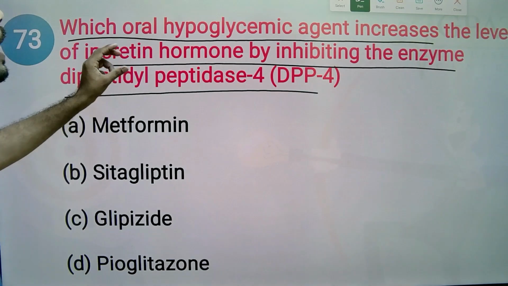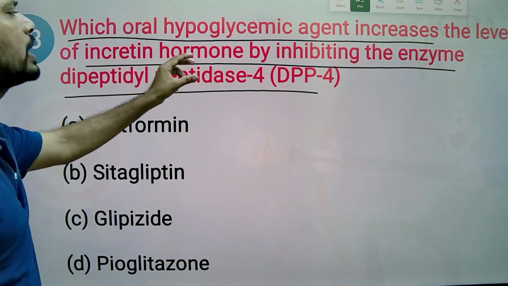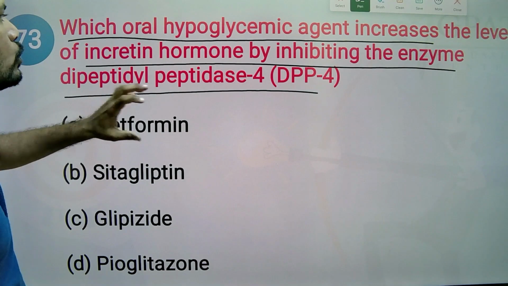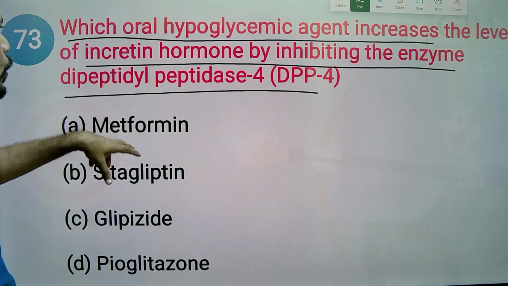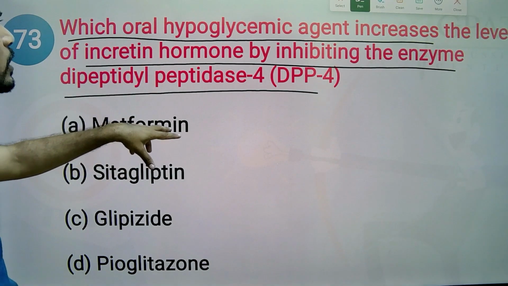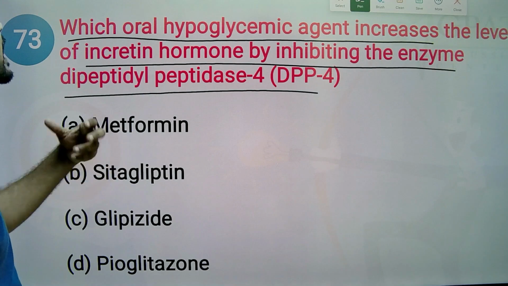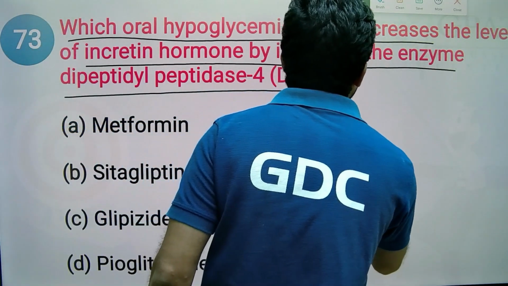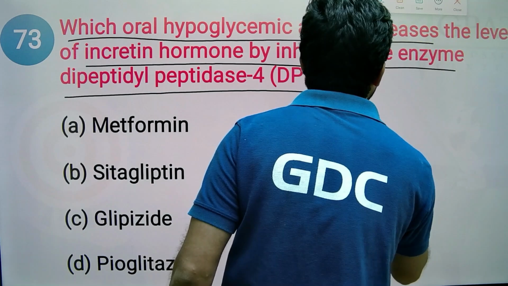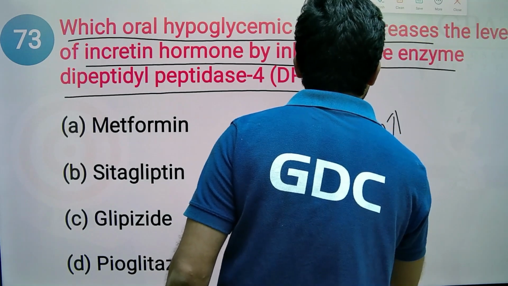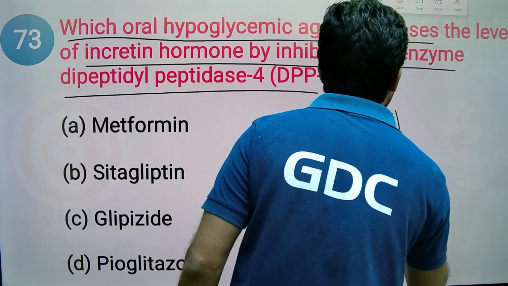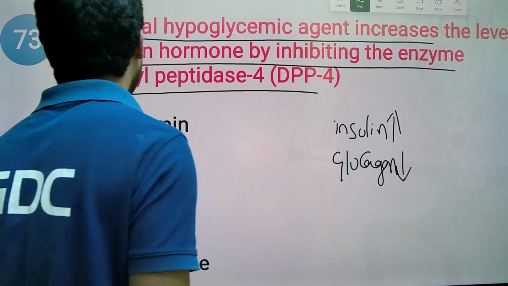Oral hypoglycemics are used in type 2 diabetes. Incretins increase insulin release and decrease glucagon release. Increasing insulin release helps in reducing blood glucose levels.